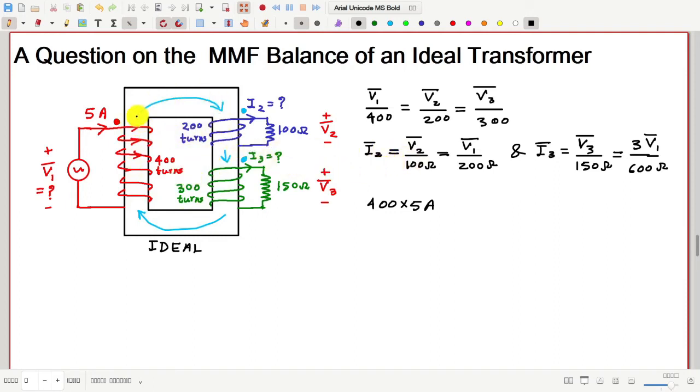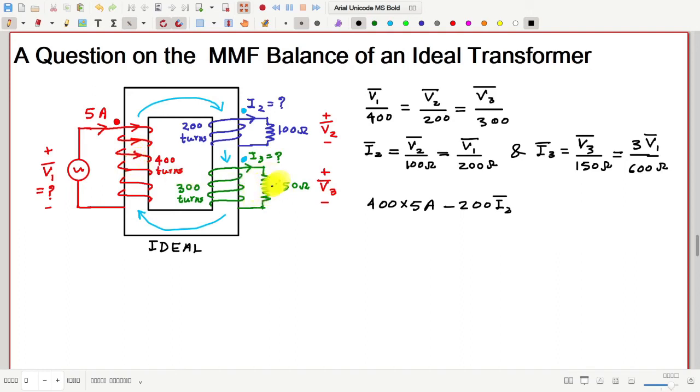So let us consider the clockwise direction as the positive direction for MMF. Next, for the second coil, the MMF is 200 into I2, but this I2 is considered going out from the dotted end, so the MMF produced will be in the anti-clockwise direction. Therefore let us use a minus sign, because this MMF is in the opposite direction to the primary coil MMF.